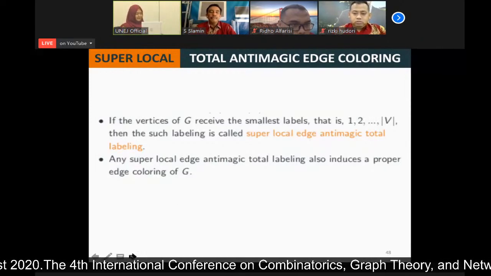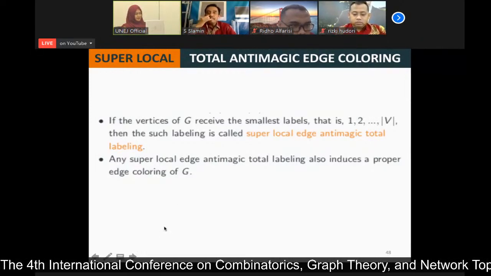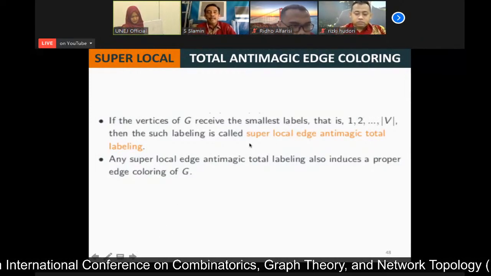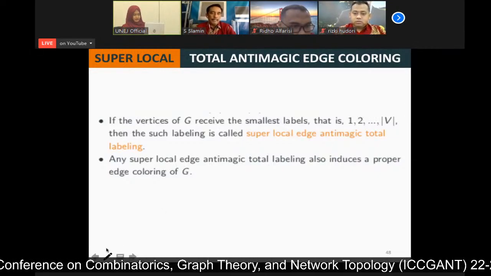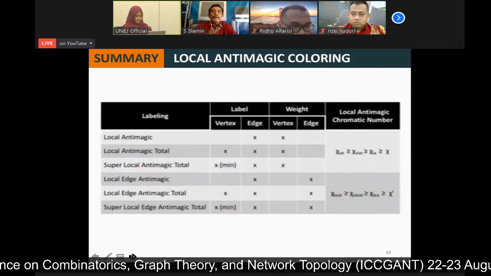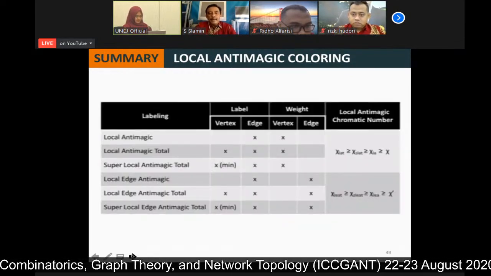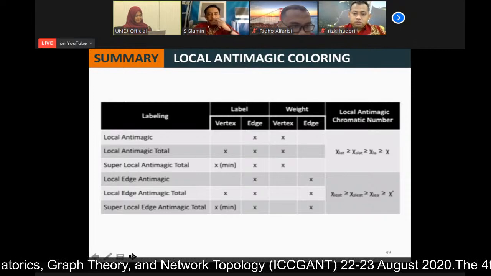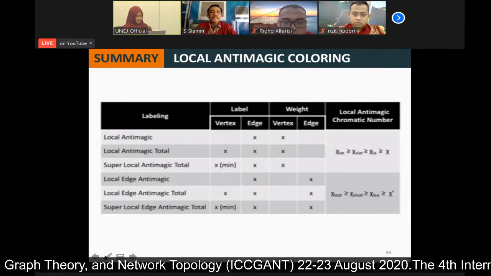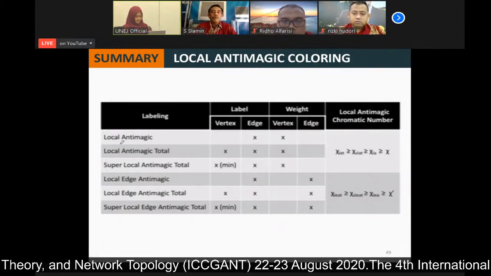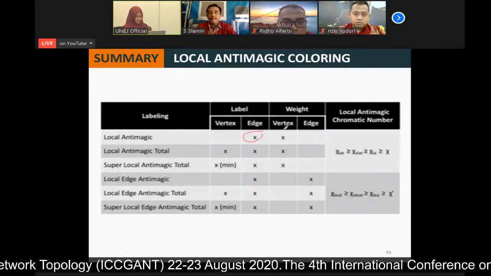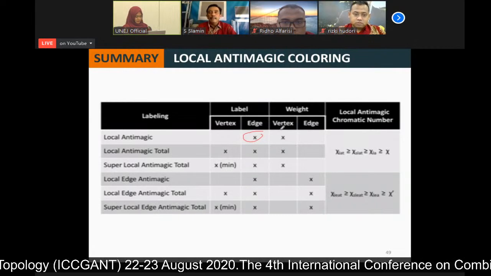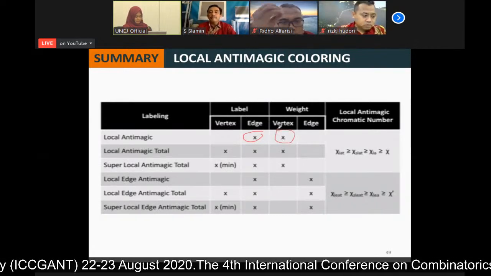So if we label the vertices by the smallest labels, then we call it super local edge anti-magic total labeling. Okay, I can summarize the local anti-magic coloring. For local anti-magic, we label the edges and calculate the weights on vertices.